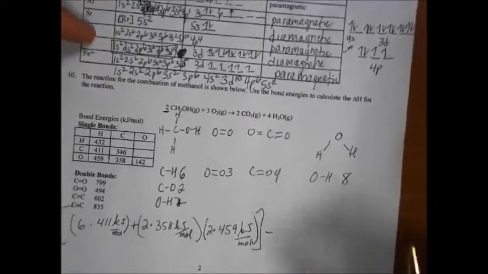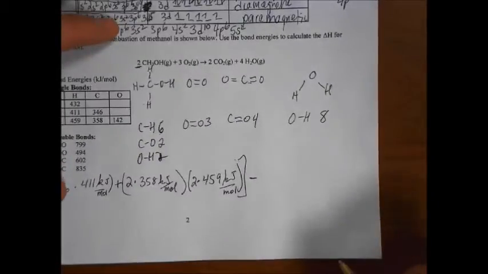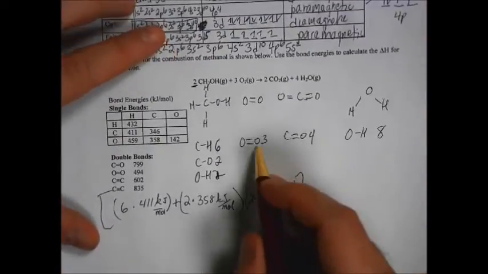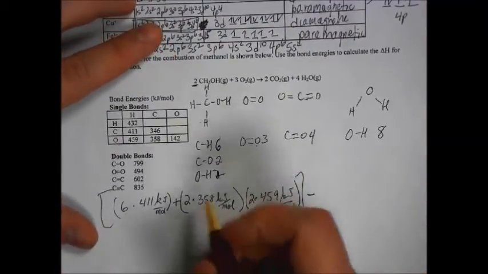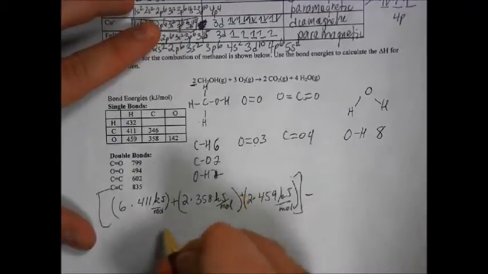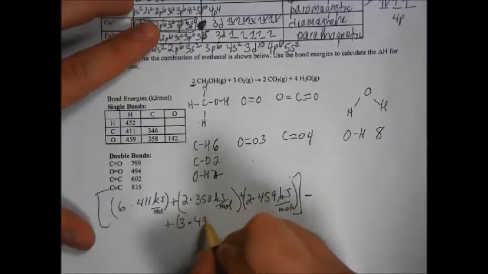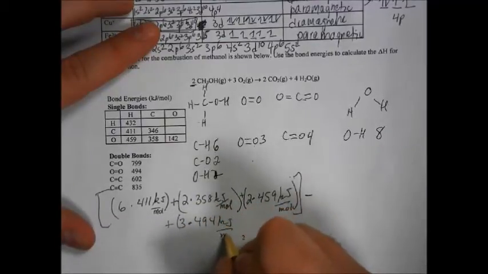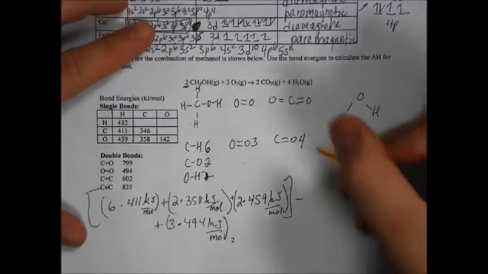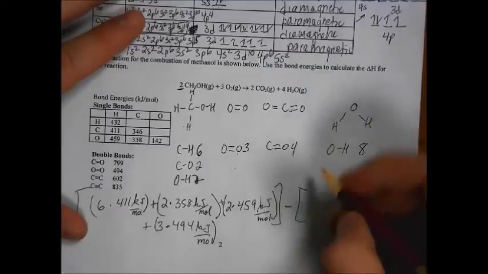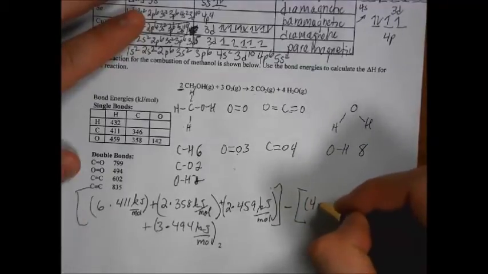And then we're going to subtract that from the reactant side. Oh, and I forgot, we also need to take into consideration our OO double bonds. So here we're also going to have to add 3 times 494 kilojoules per mole. Almost forgot. All right, so then on the product side, we have our 4 CO double bonds.